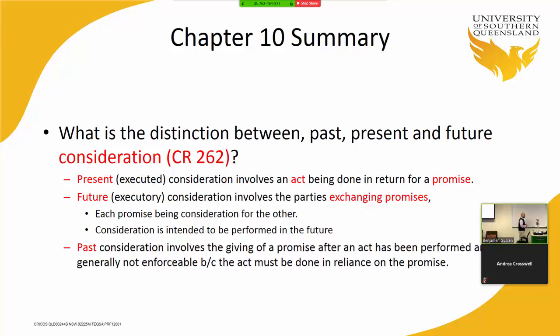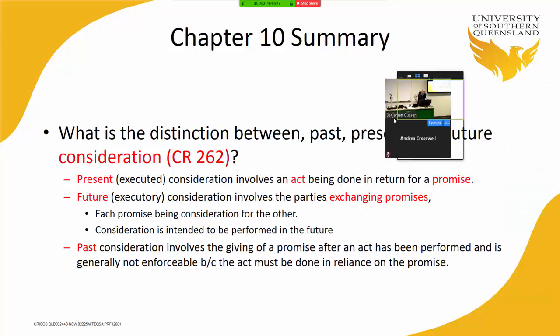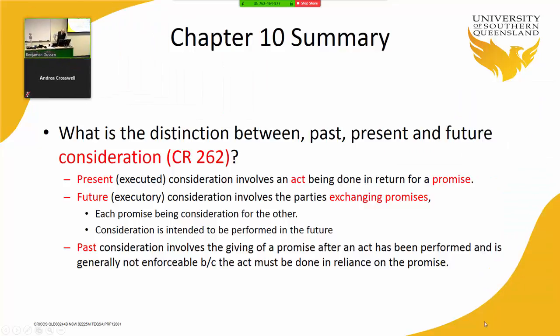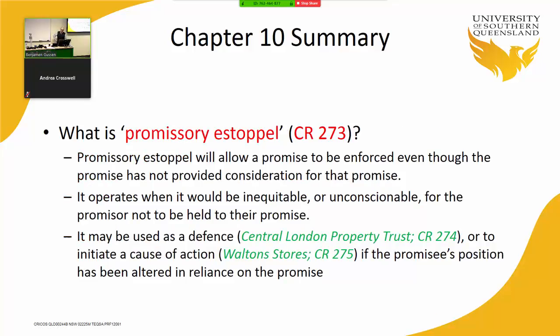Okay? You will have future consideration where the parties are exchanging promises, so it's a bilateral contract. And there's also past consideration, which involves the giving of a promise after an act had been performed. Okay? And it is generally not enforceable because the act must be done in reliance on the promise.